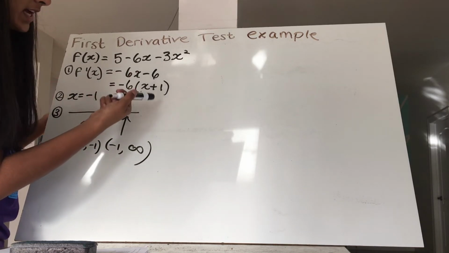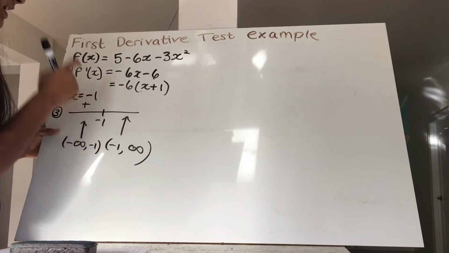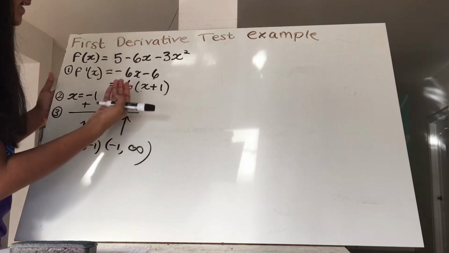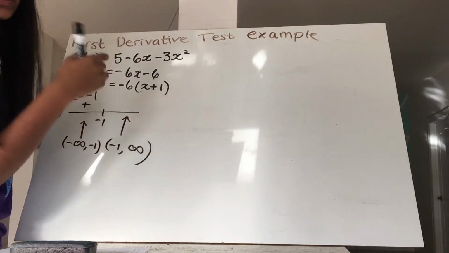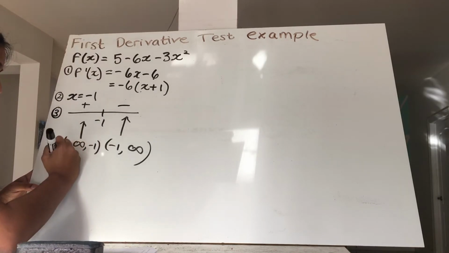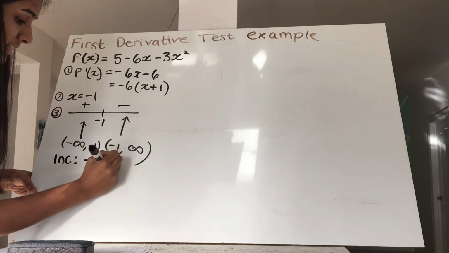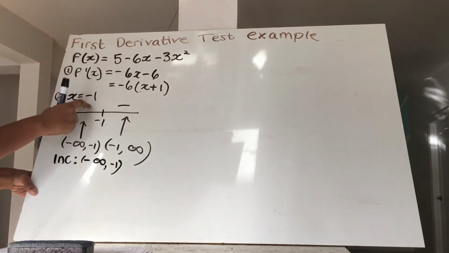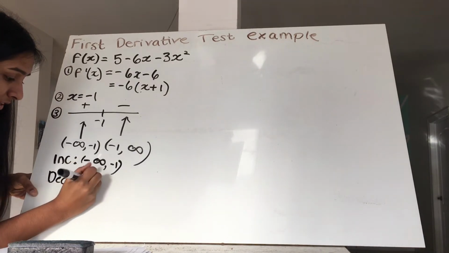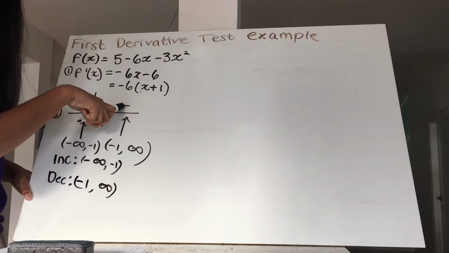This is a negative times a negative, so that's positive. So it's increasing here. Then let's plug in, say, 0. We get negative times a positive, so that would equal negative. So we get that it's increasing from negative infinity to negative 1 because it's positive, then decreasing from negative 1 to infinity because it's negative.